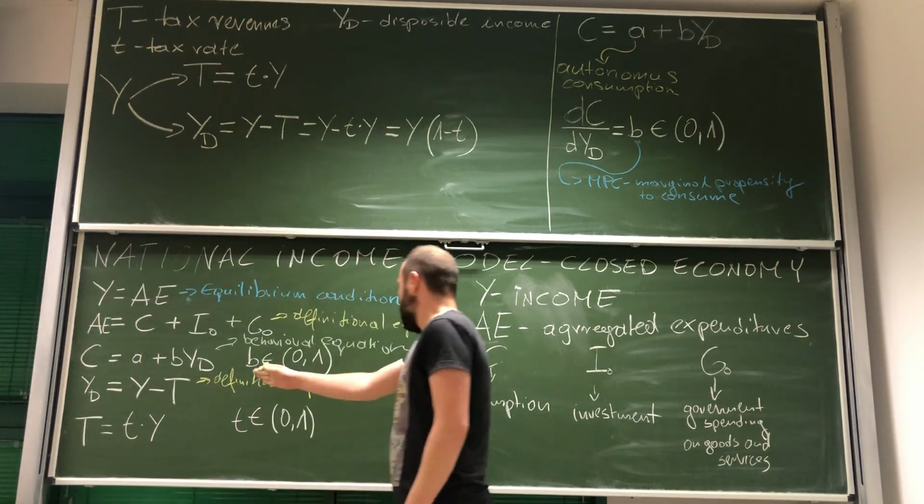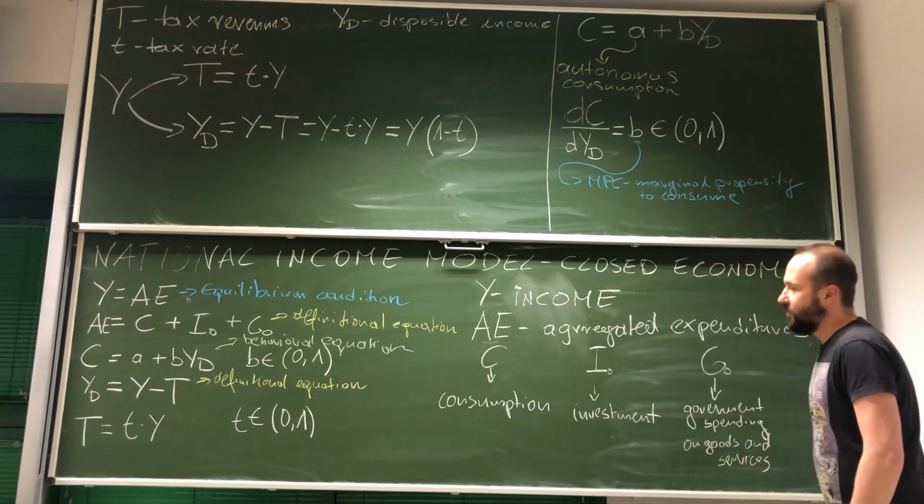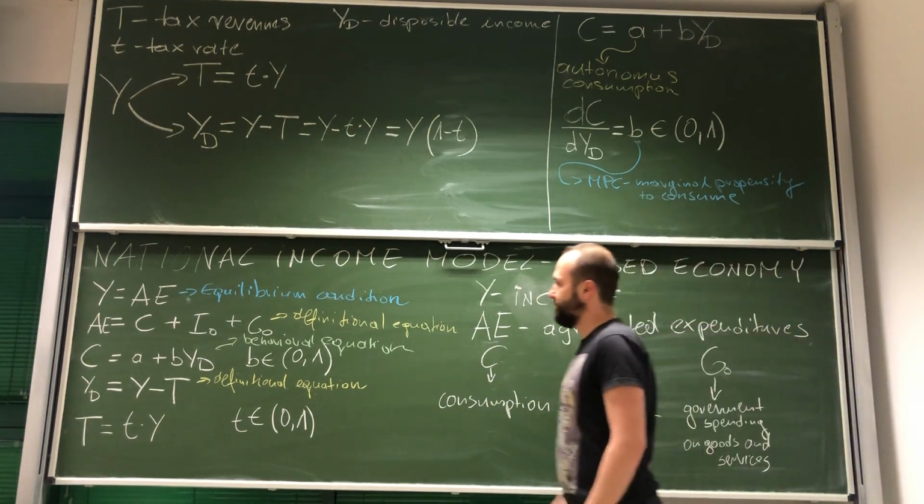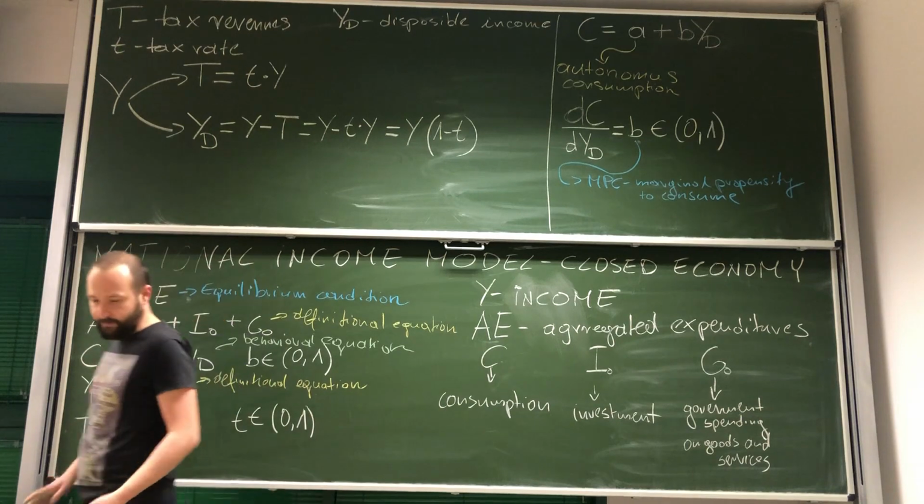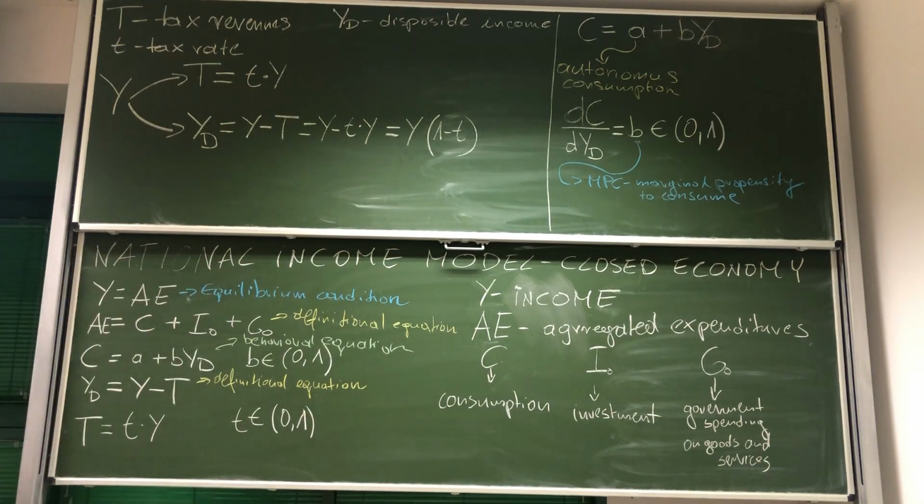Okay, so we are left with the final equation. This equation is telling us that tax revenues depend on the level of income in the economy.